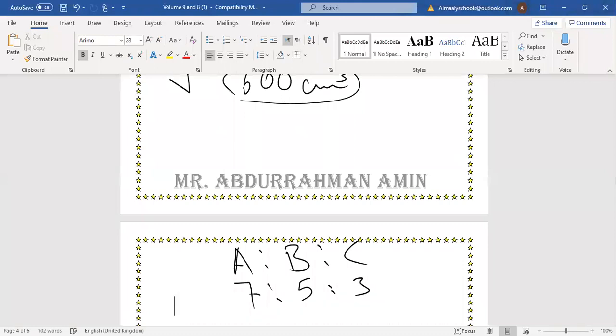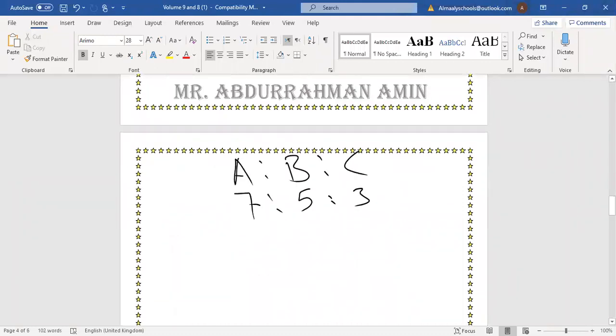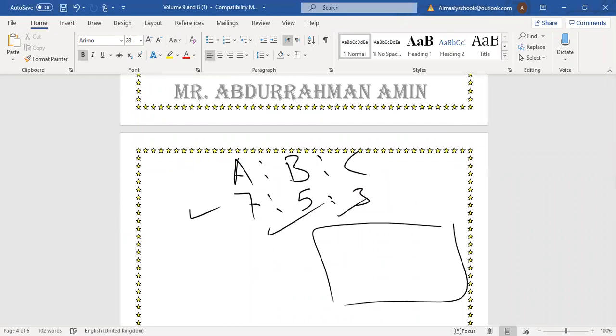Now, the question is, how many parts? We have 7 parts, 5 parts, and 3 parts. So the total number of parts equals 15. Very good. So we want to distribute 600 among 15 parts, so the value of one part will be 40.